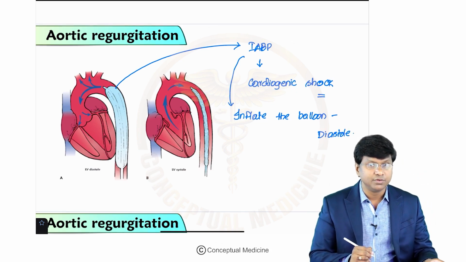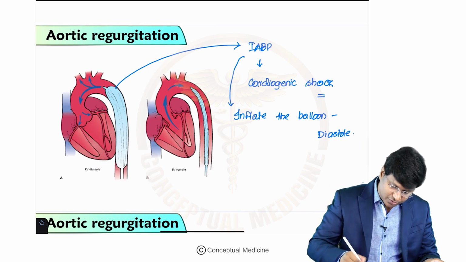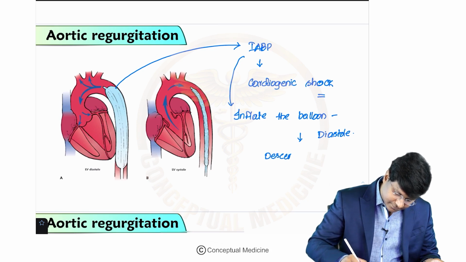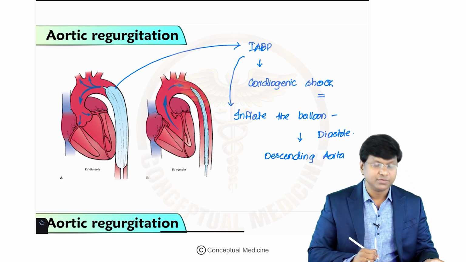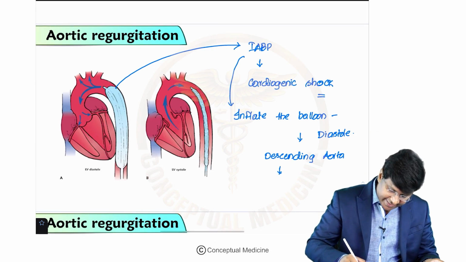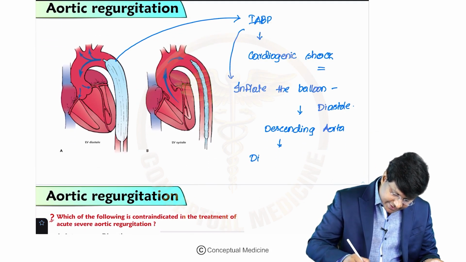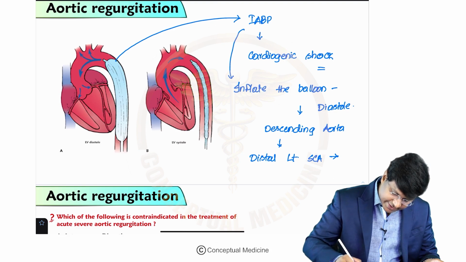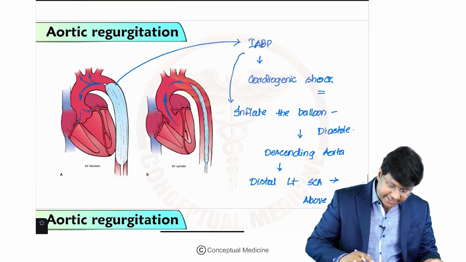And where is this balloon placed? It is placed in the descending aorta, distal to the left subclavian artery, and above the renal artery. So that is the placement of the intra-aortic balloon pump.